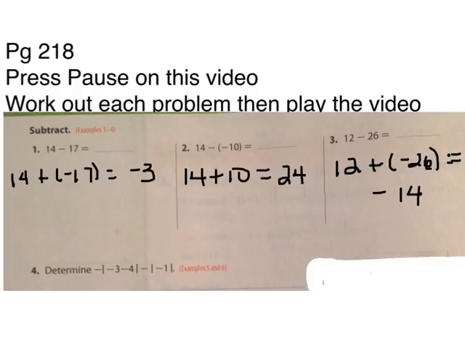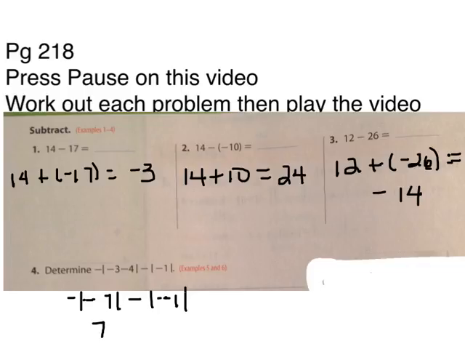Problem number 4. I have a negative absolute value of 3 take away 4. 3 take away 4 is negative 1. Take away the absolute value of negative 1. If I have the absolute value of negative 7, that is 7.